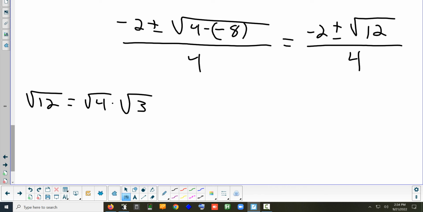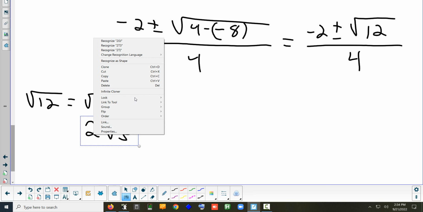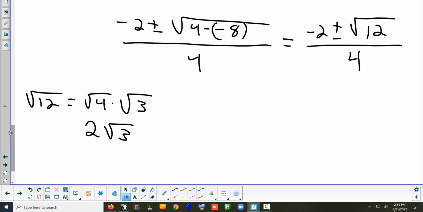So when you write the square root of 12, we should write it as square root of 4 times square root of 3, because 4 times 3 is 12. But then the square root of 4 gives you 2, because you always should simplify a square root. So then we get that.